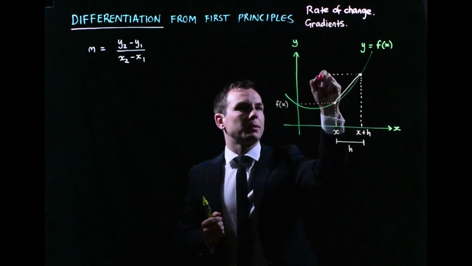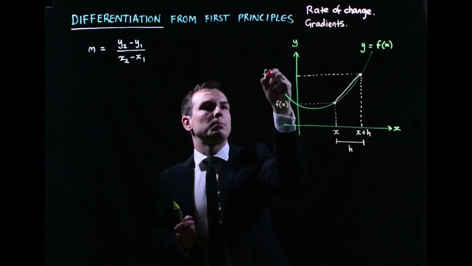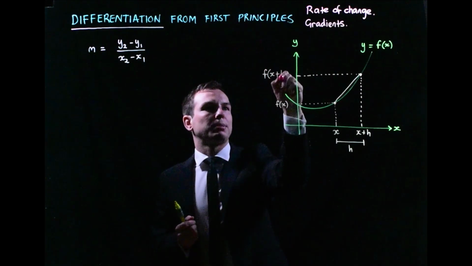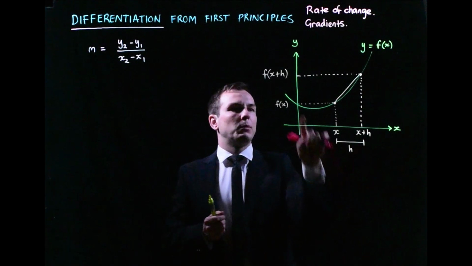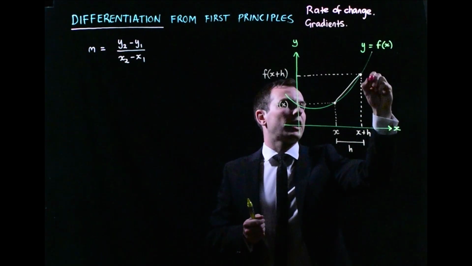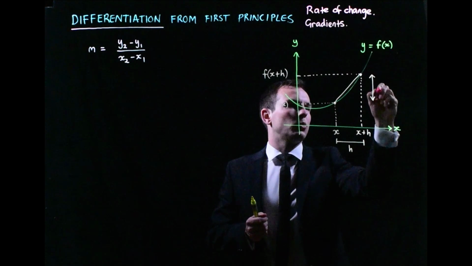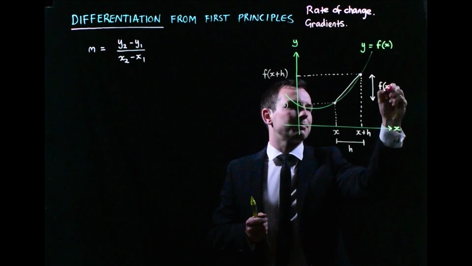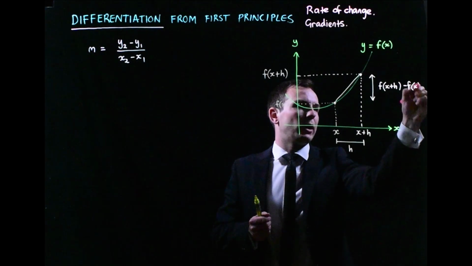So if we put x plus h into the rule, that gives us a y value, and that y value in particular would be here at f of x plus h. So now we have a run, and we've also got a rise here. So this rise, if I just draw it out to the side over here, the distance here would be equal to f of x plus h minus the function evaluated at x.